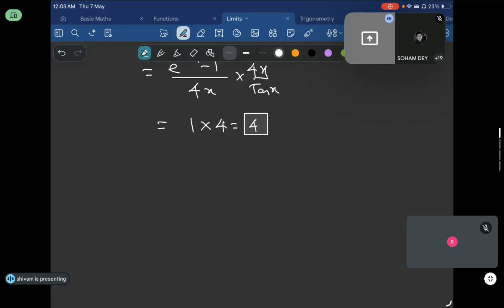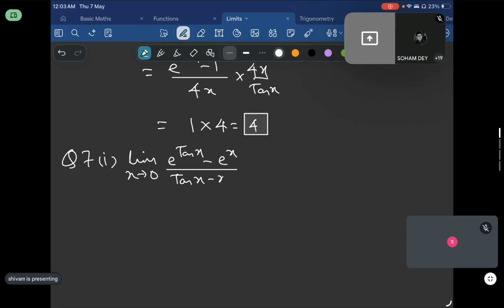Okay. Everyone try this out. Question number 7, part 1. Limit x tends to 0, e to the power 10x minus e to the power x upon tan x minus x. Solve. Part 2. Limit x tends to 0, e to the power x square minus cos x upon x square. Solve. Part 3.